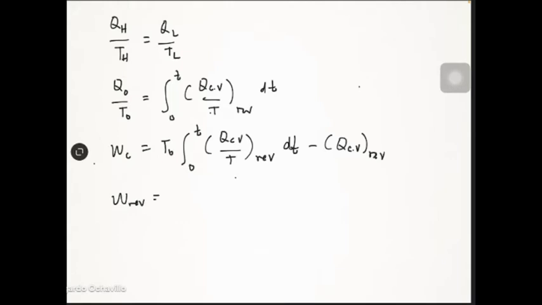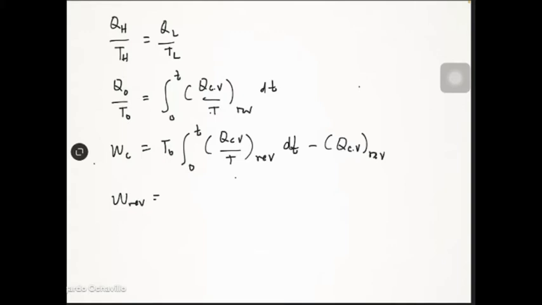Okay, so applying the second law to determine the reversible work, using the uniform state, uniform flow process, which we considered in the very first of our discussion, UF.